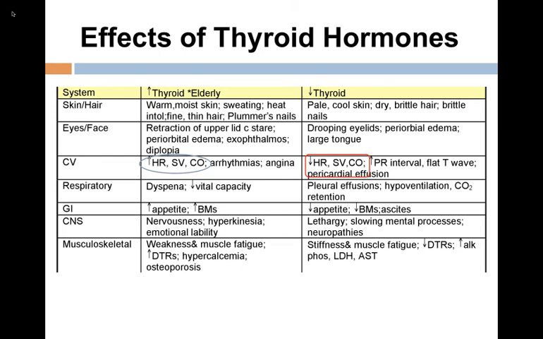Now, what happens with hypo and hyperthyroidism as far as effects on other drugs? Well, we know that when we have hyperthyroidism, it's a hypermetabolic state. So you're going to have an increase in heart rate, increase in stroke volume, increase in cardiac output, which will cause increases in blood flow, increases in clearance, right? And hypothyroidism would be the opposite.